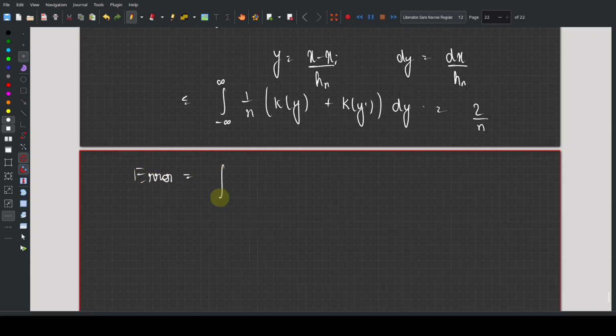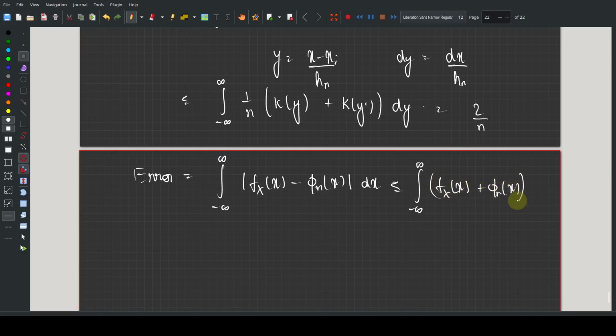So the L1 error is the integral from minus infinity to plus infinity of the absolute value of fx of x minus pn of x dx, but this is less than or equal to the integral from minus infinity to plus infinity of fx of x plus pn of x dx, right?